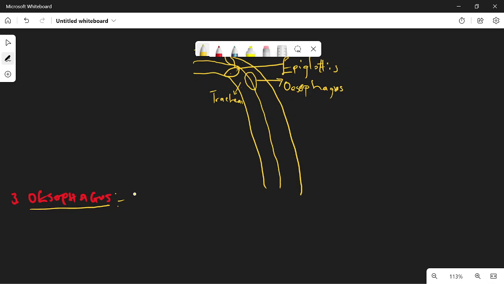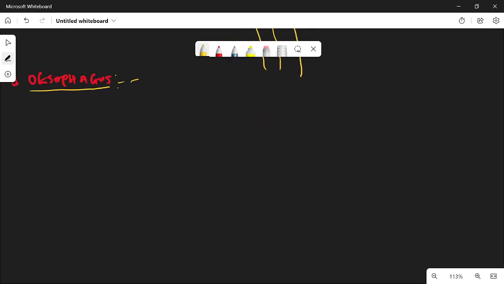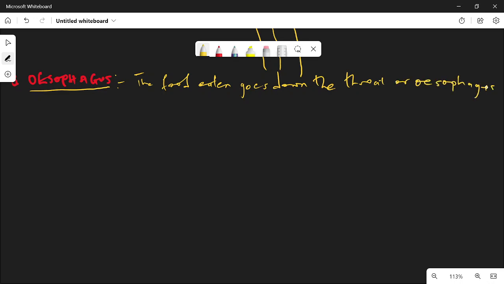The food eaten goes down the throat or esophagus in a wave-like manner called peristalsis.